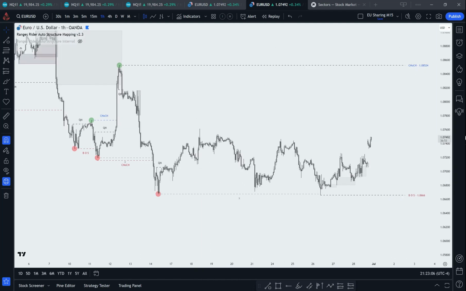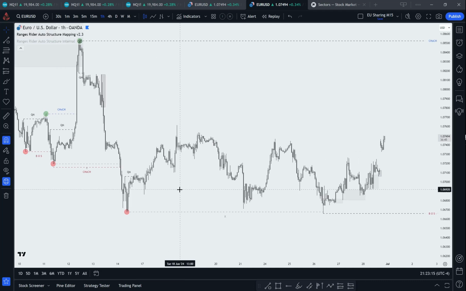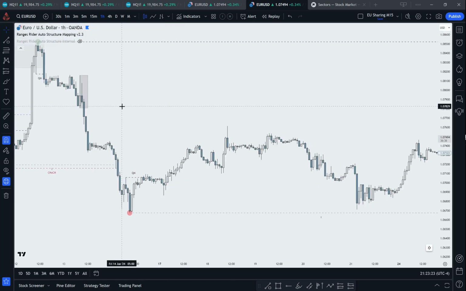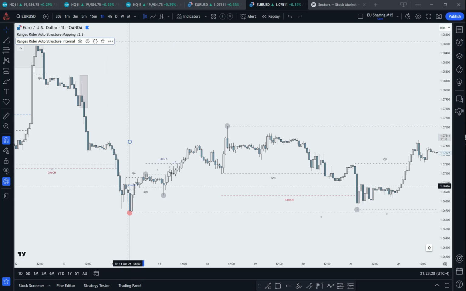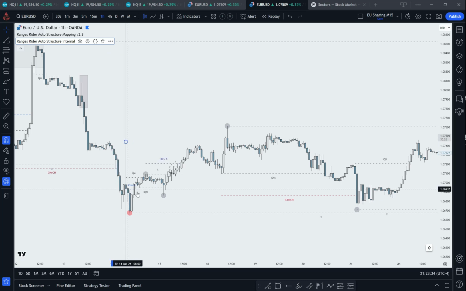And now what we have, now we can check what is going on internal structure over here on H1 time frame. So when the price disrespects the DOB, you start to mark the internal structure. This is here.